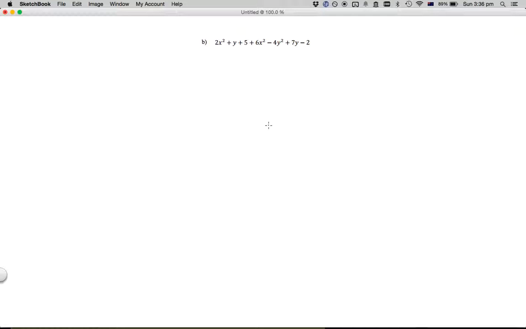Again, this was collecting like terms. So we had those two together, and they made 8x squared. And then a lot of people did this. A lot of people said, we've got y's, so we've got 8 y's, and then we've got 5 and a negative 2, so that's plus 3. And then we've got negative 4y squared.